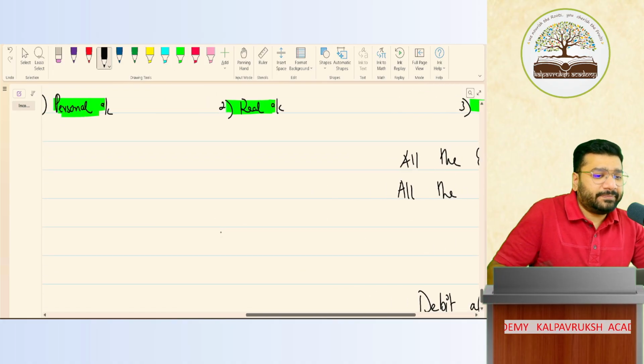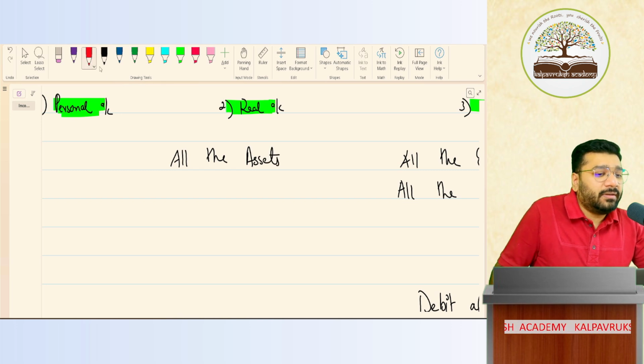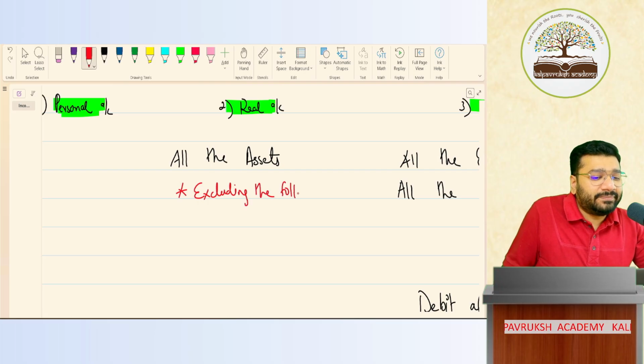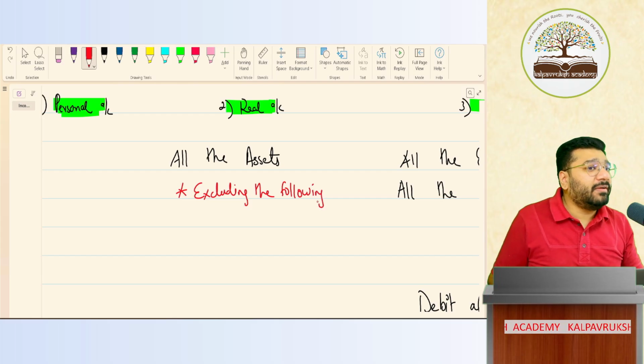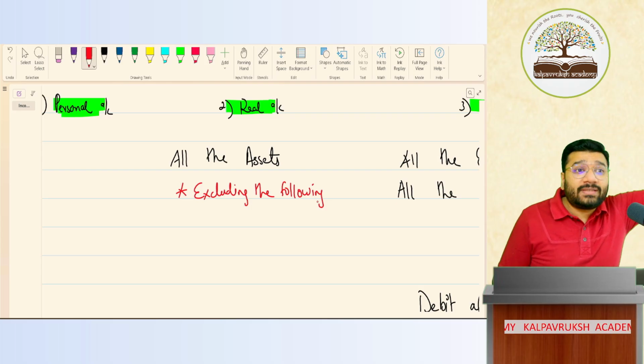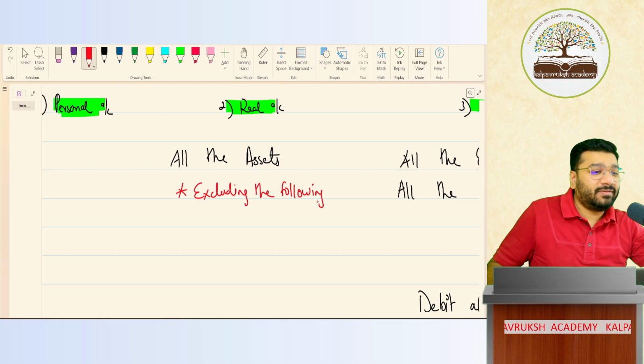All the assets, excluding the following, will go to real account. So all the assets will go to real account except 5 items.